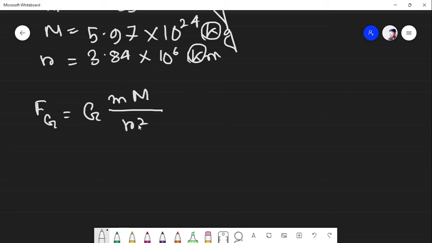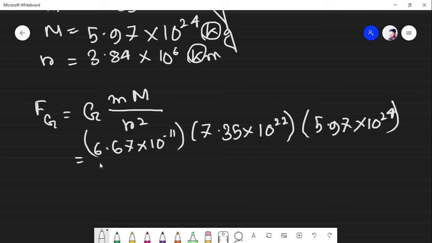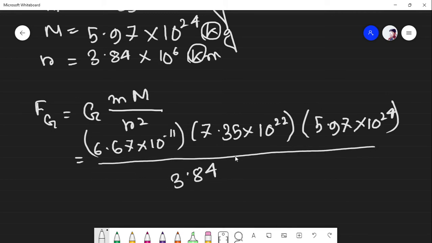In this case, it should be equal to 6.67 into 10 to the power negative 11 times 7.35 into 10 to the power 22 times 5.97 into 10 to the power 24 divided by the distance, 3.84 into 10 to the power 6, whole squared.